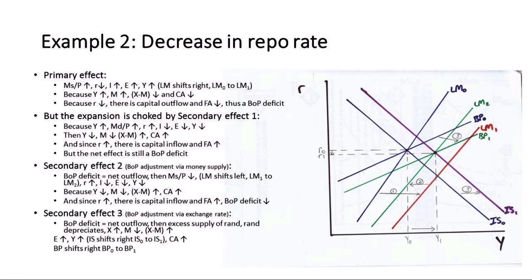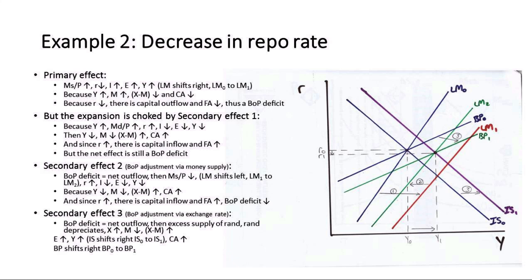So if exports increase and imports decrease, that means spending increases and incomes increase, and the IS curve moves to the right. At the same time, this change in exports and imports also shifts the BP curve to the right from BP0 to BP1, and now we are at an equilibrium again, where you have the intercept of IS1, LM2, and BP1.